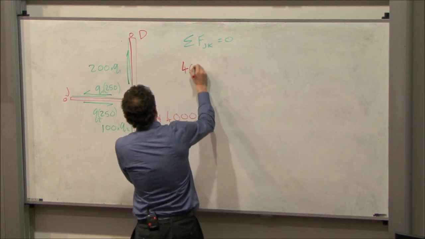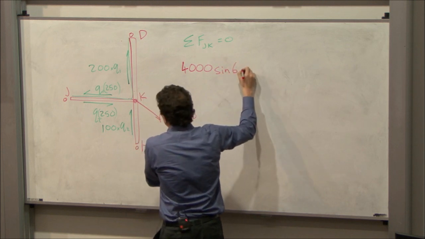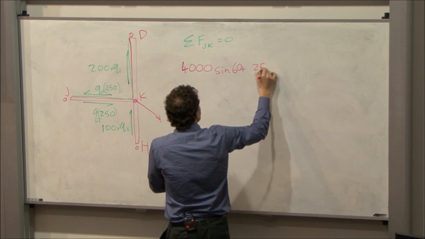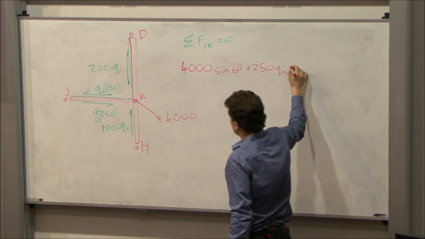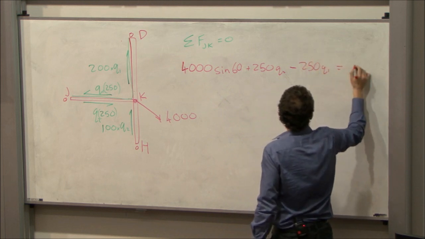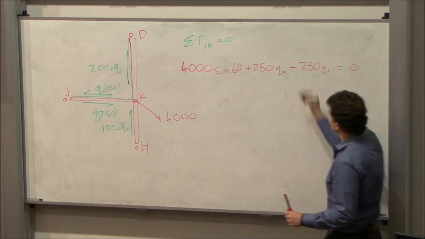So 4,000 sine 60 plus 250 Q2 minus 250 Q1 equals 0. We've got two unknowns here.